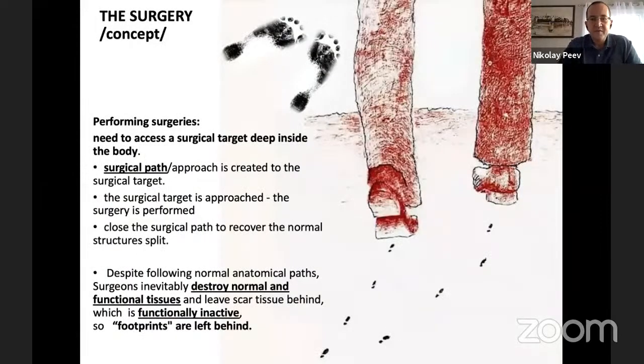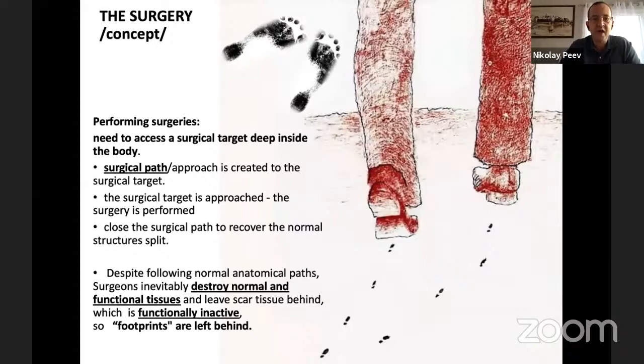I'm going to start with a few words about surgery as a concept. Surgery means following steps that allow you to access a lesion inside the body. For this, you have to create a surgical path.